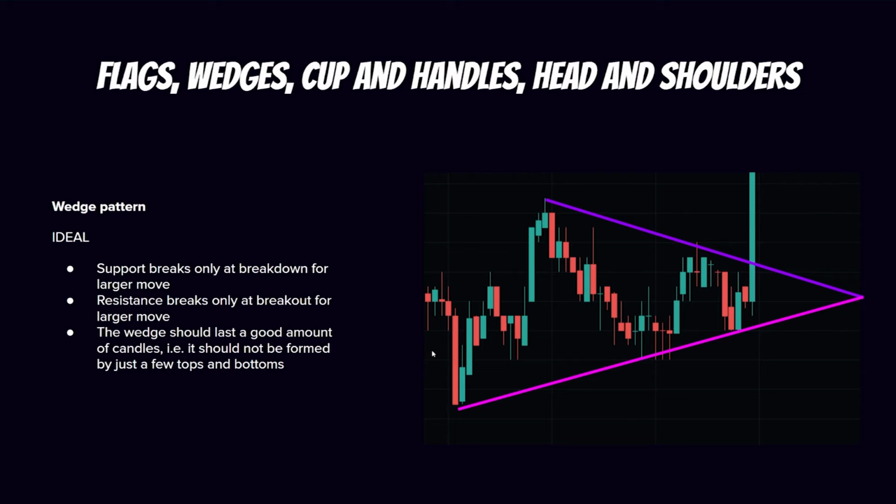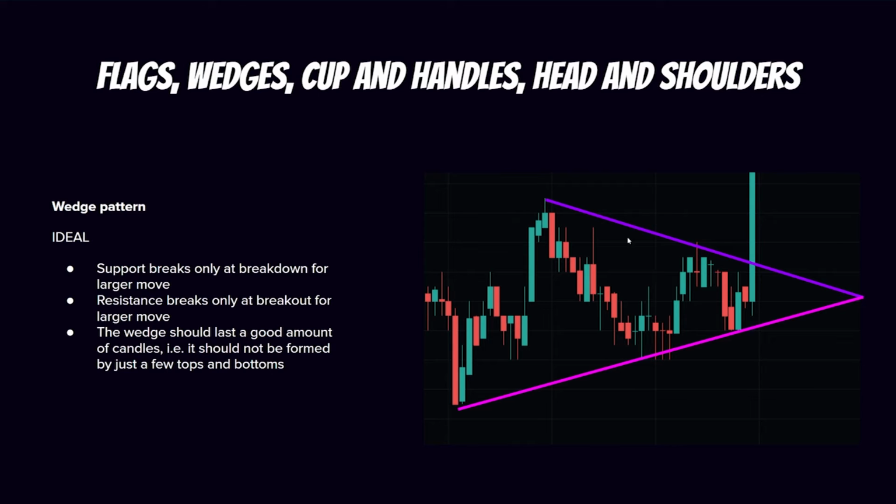Again, what does an ideal wedge pattern look like compared to a not ideal one? Ideally, the support breaks only once at the breakdown, or the resistance breaks only once at the breakout.